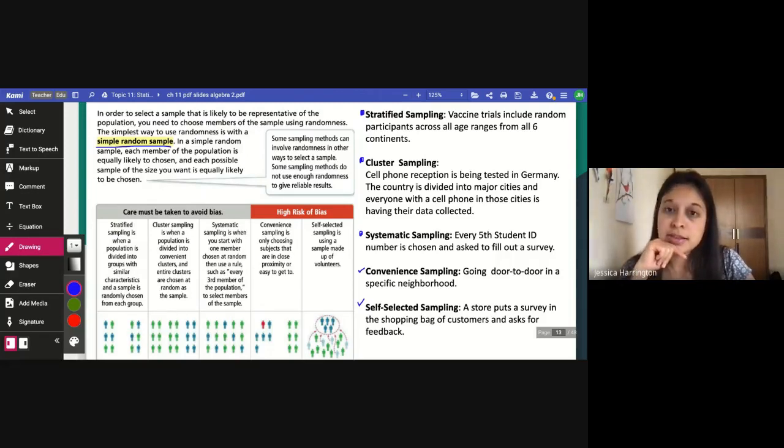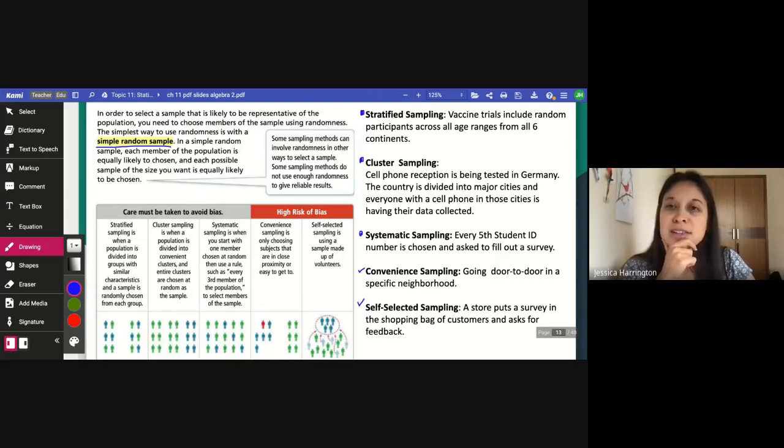The other type is cluster sampling. So now your population, instead of being broken up into groups that have a similarity, is really just broken up into groups, or what we call clusters, that are convenient. And then you choose the entire clusters at random. So for example, in this one, in Germany, they want to test cell phone reception.